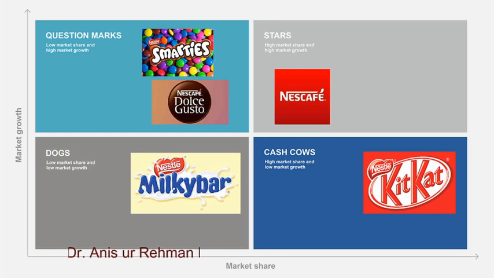So we are not sure whether these products will move to the star or to the dog quadrant. These products often require a lot of investment from the company to push them into the star quadrant. But the challenge here is that a lot of investment is required to get a return from these products if you are able to move them from question mark to stars.